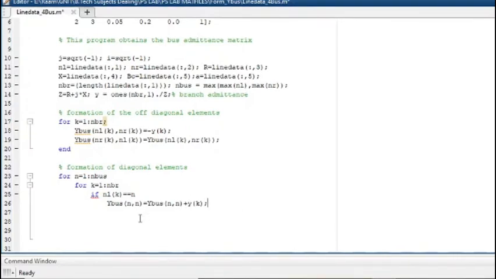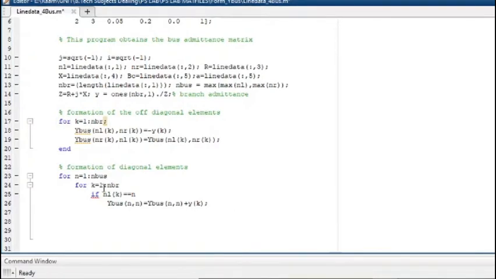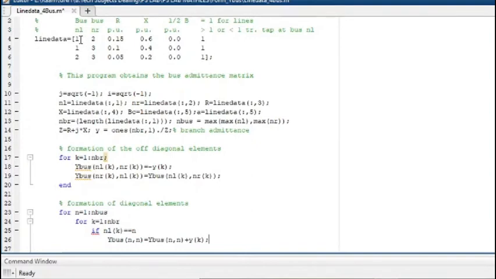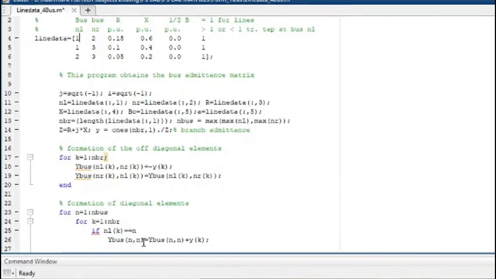For example, if n is equal to 1 and k is equal to 1, what happens? We need to check whether NL of 1 is 1 or not. Yes, NL of 1 is 1. So it is going to calculate Y bus 1 comma 1 is equal to Y bus 1 comma 1 plus y of 1.